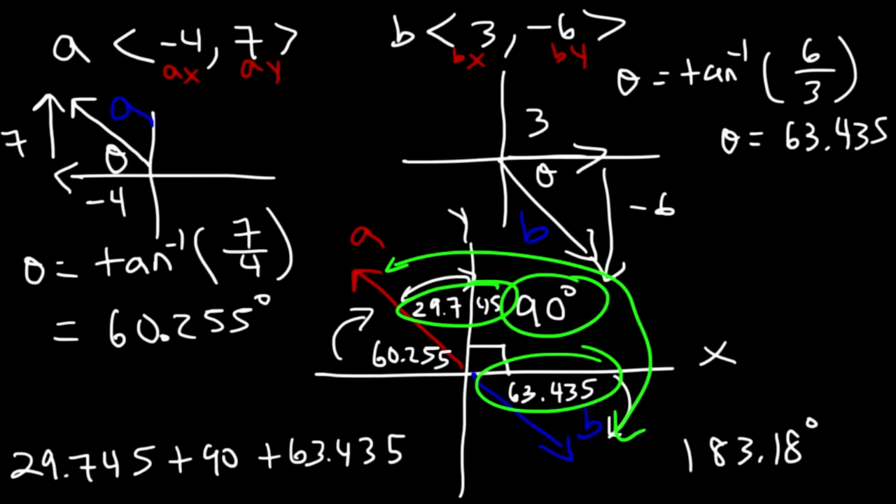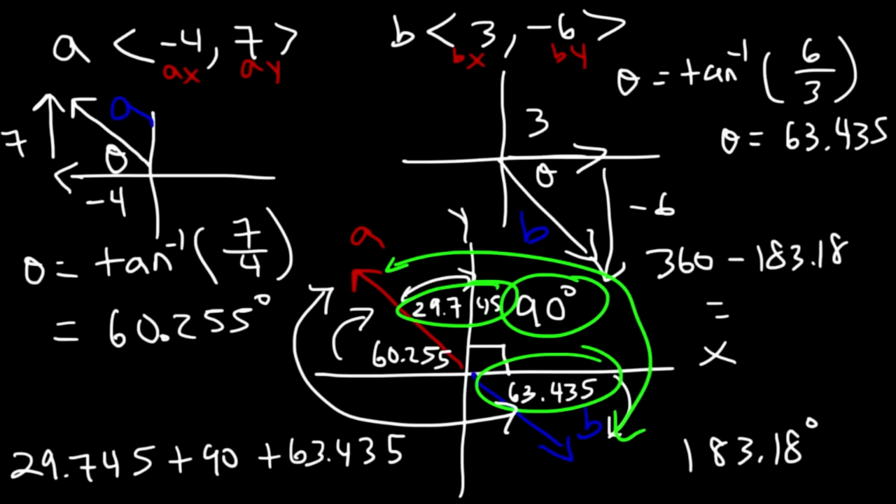So clearly this is the larger angle. So to find the other angle, it's going to be 360 minus 183.18. And then you get the other answer, 176.82, which is what we had before.